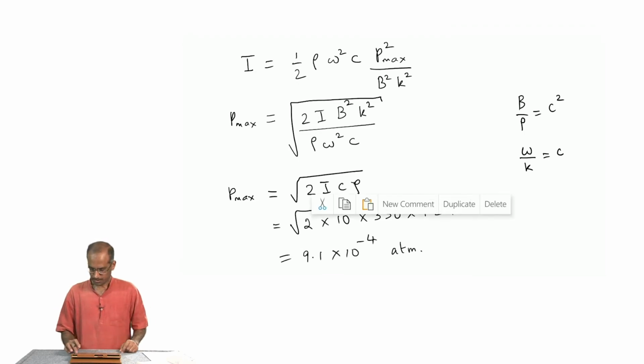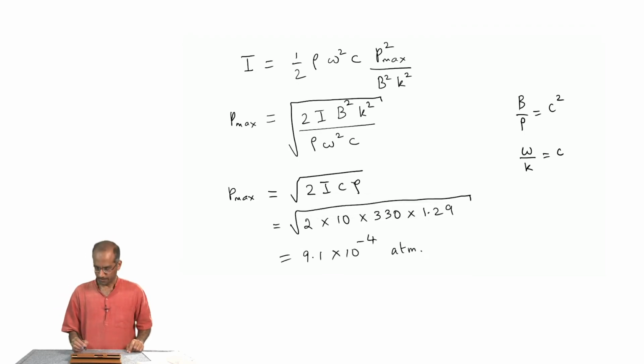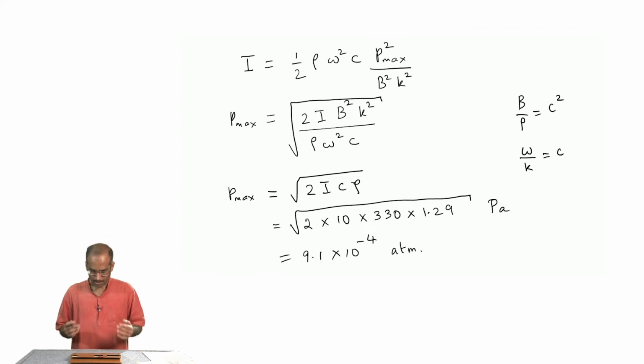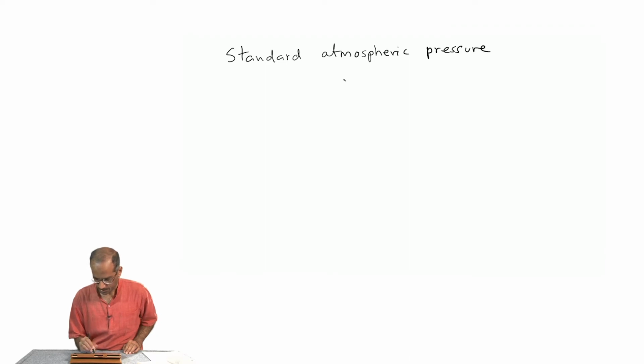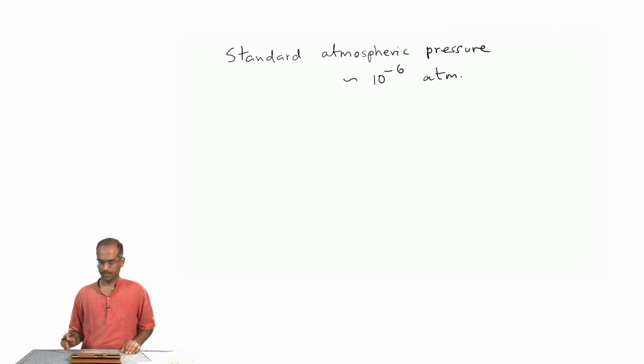So, notice that this one will give you the pressure in pascals, and I have converted it into atmospheres, and the reason is that the standard atmospheric pressure is of the order of 10 power minus 6 atmospheres.